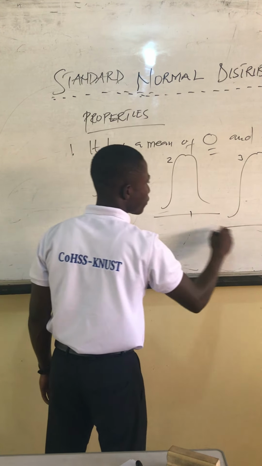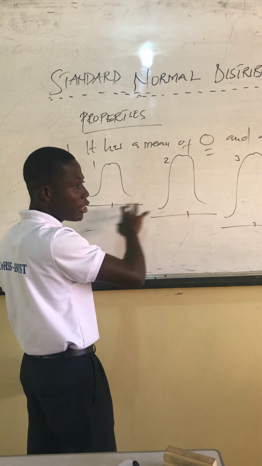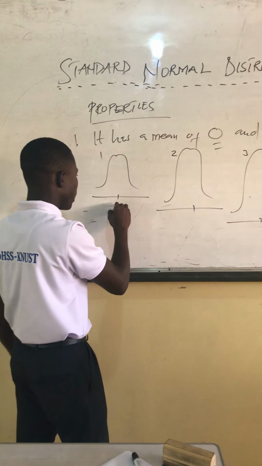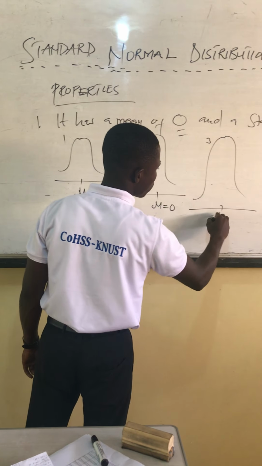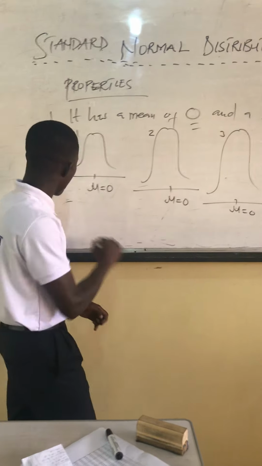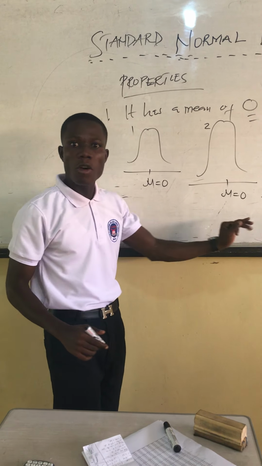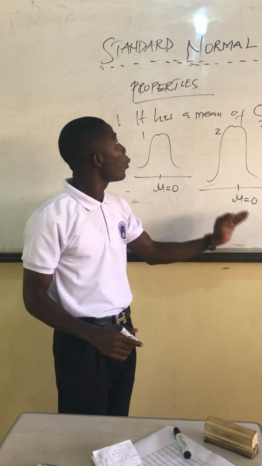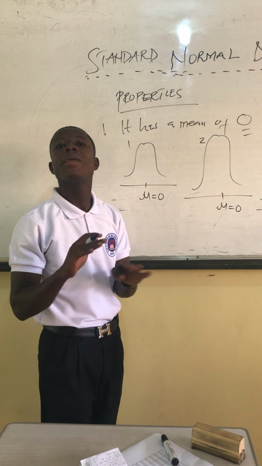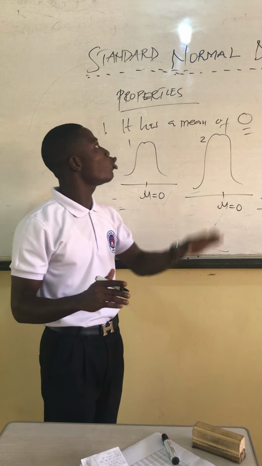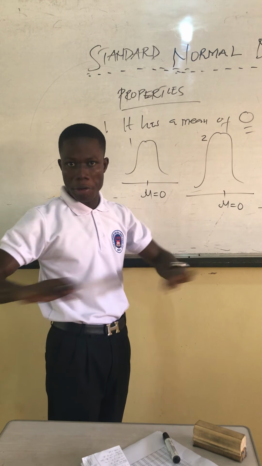So although we have 3 distributions, they are all having a mean of 0. Why? Because with the standard normal distribution, the mean is static. The mean doesn't change. But with the normal distribution, the mean varies.